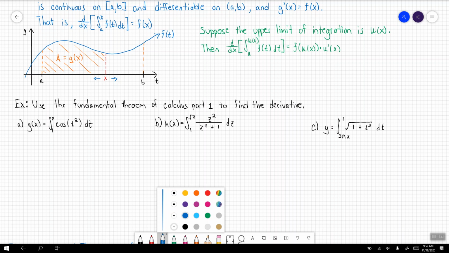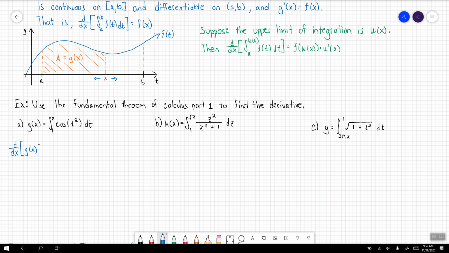So I'm going to denote here that I'm going to take the derivative with respect to x of g of x, but g of x is the function that's made by the integral from 1 to x of cosine of t squared dt.